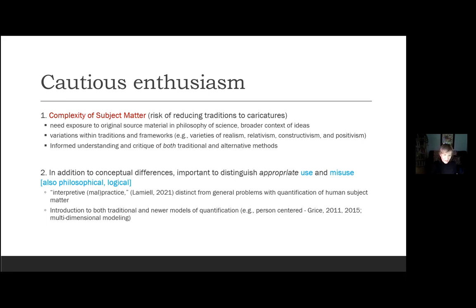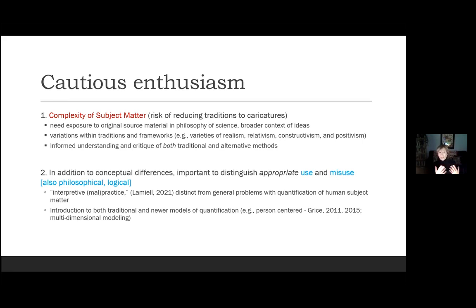So I think descriptions in textbooks can be inherently problematic and reductive. Ideally, students need exposure to original source materials in philosophy of science and exposure to the broader context of ideas, historical context, but also the broader intellectual context of the ideas.